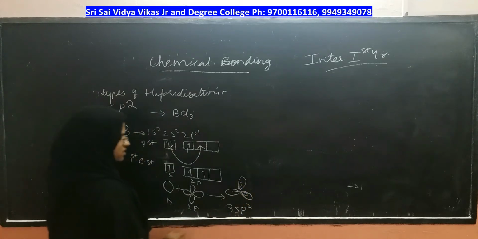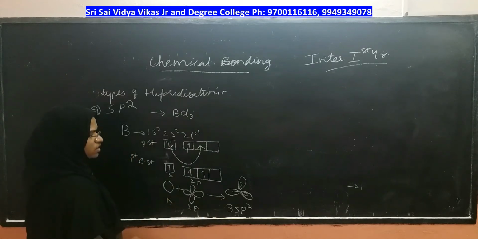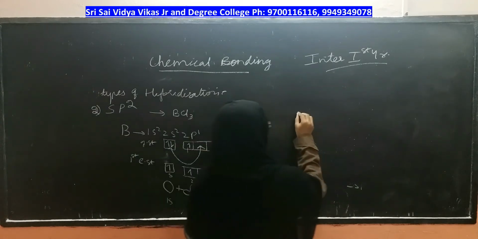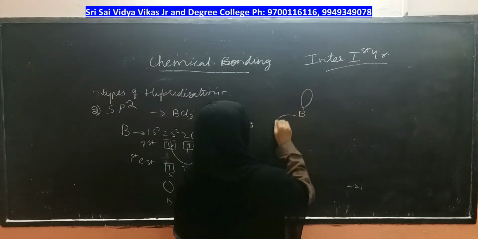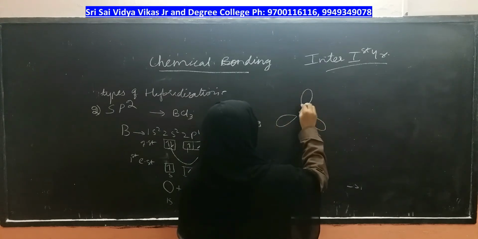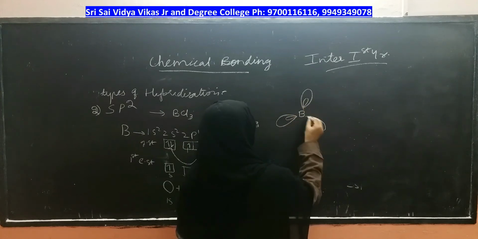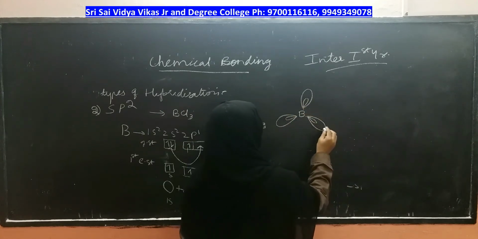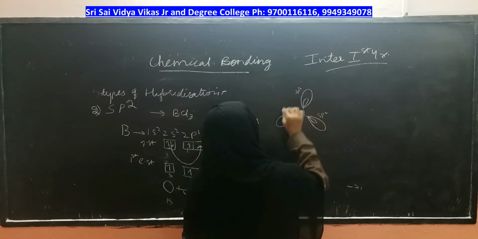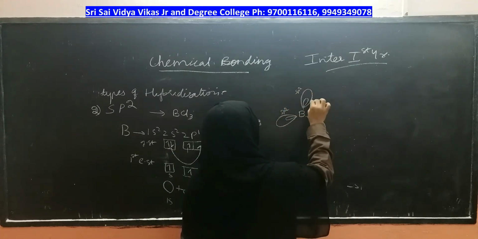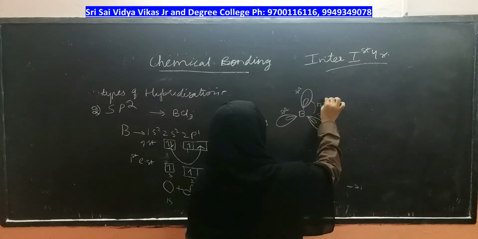Right? This should be the shape of boron. Now this boron has 3 hybrid orbitals. This is sp2, this is sp2, this is also sp2. What is the angle? 120.